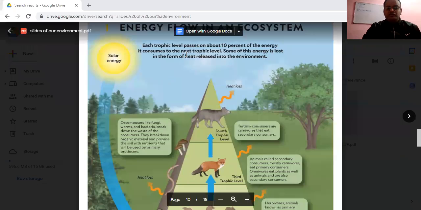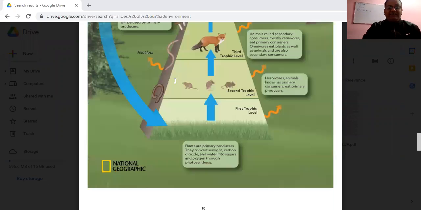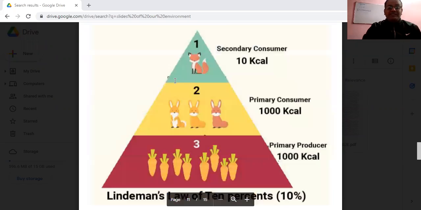So energy flow in an ecosystem is the passage, or flow, of energy from one trophic level to the next. But there is a very important rule which governs this process, and that is called Lindeman's 10% law of flow of energy in an ecosystem.